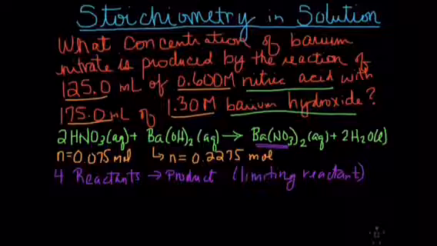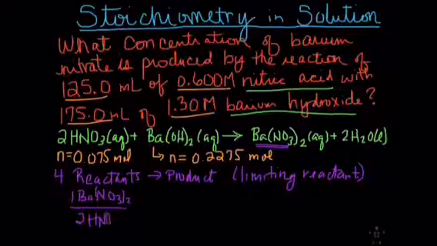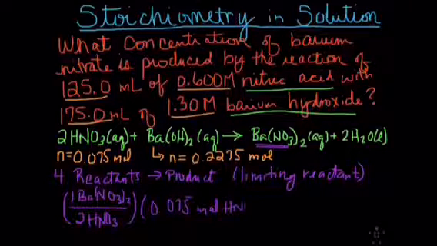So let's look at the mole ratio. So we get 1 barium nitrate for every 2 HNO3s, and we know that we have 0.075 moles of HNO3.